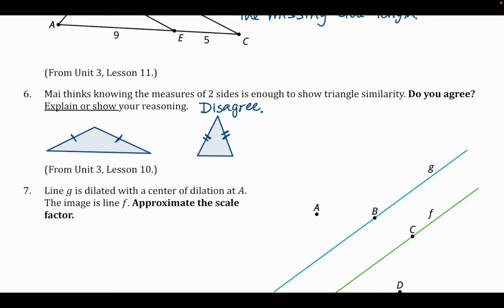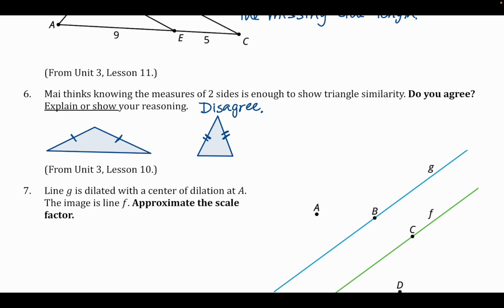And what else can I show on my diagram here? I don't know if I need to show anything. Yeah, I'm going to say disagree.